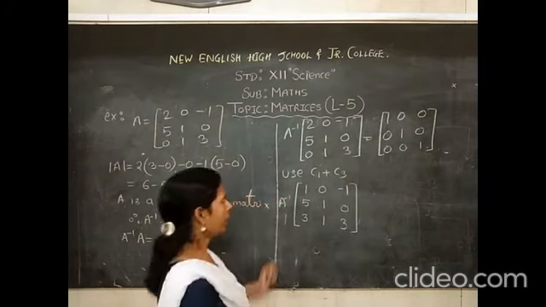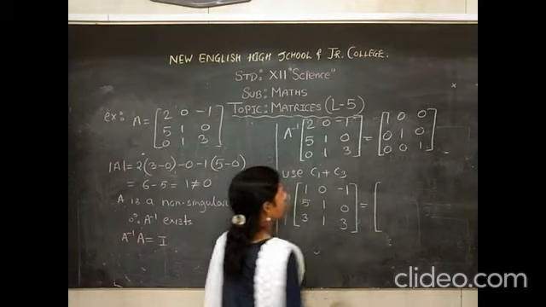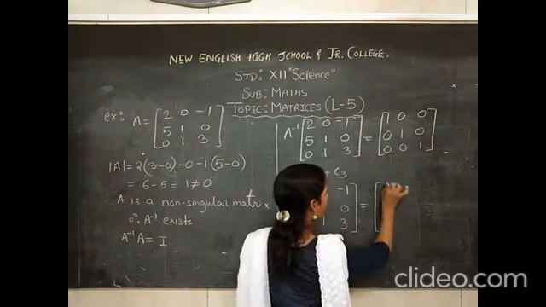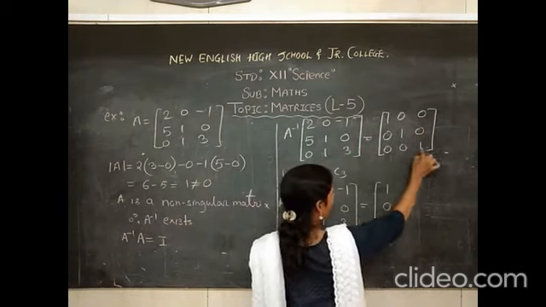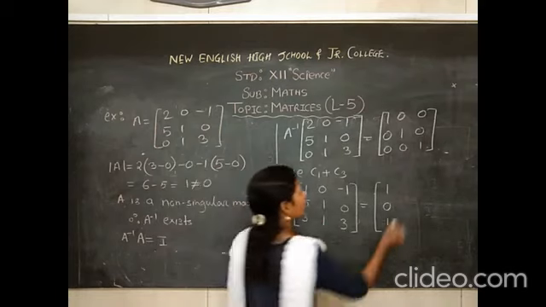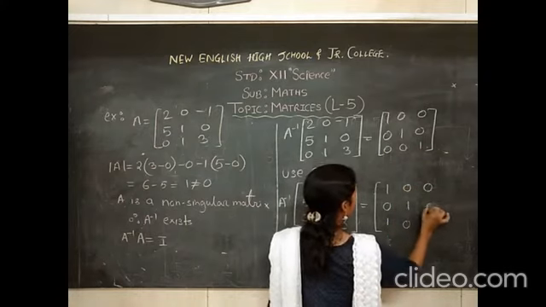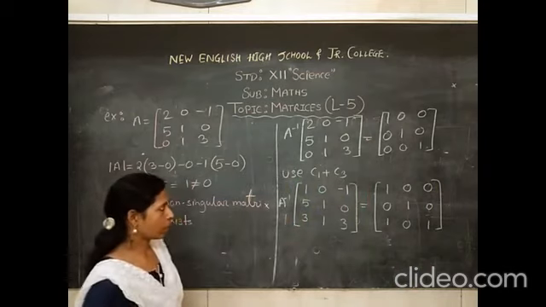A inverse into this equals to this one: 1 plus 0, 1. 0 plus 0, 0. 0 plus 1, 1. And this C2 and this C3 will remain same.